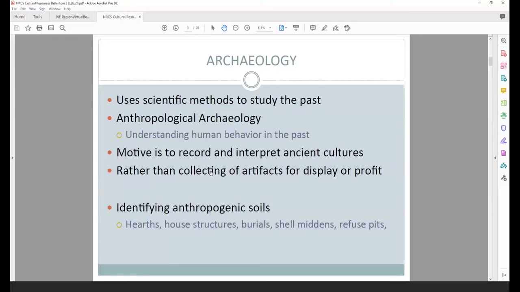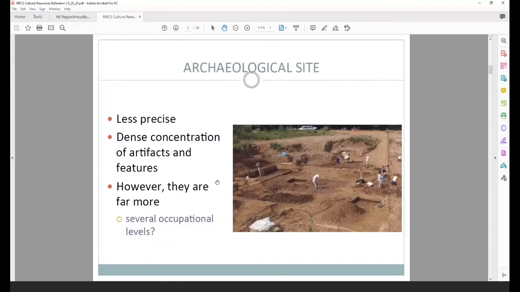So basically what we're looking for are concentrations of past materials, artifacts, features that are important. Artifacts you all know about. They're tangible things. Sometimes they're called arrow points, pottery, and so forth. But features are sometimes stains in the soil that are indicative of human activity in the past. And that's what we're trying to understand within an archaeological context.